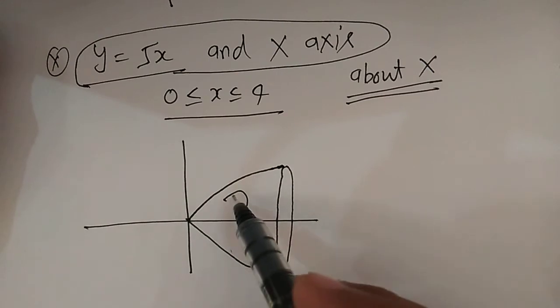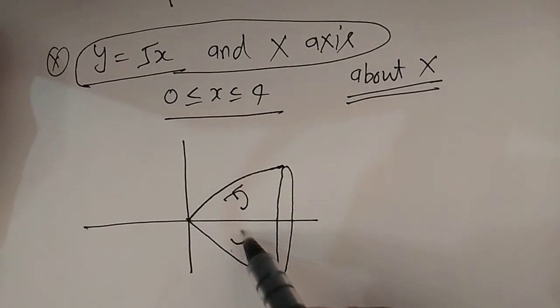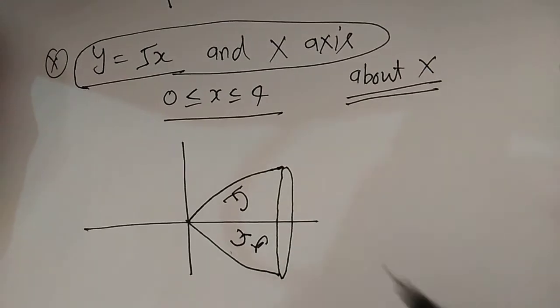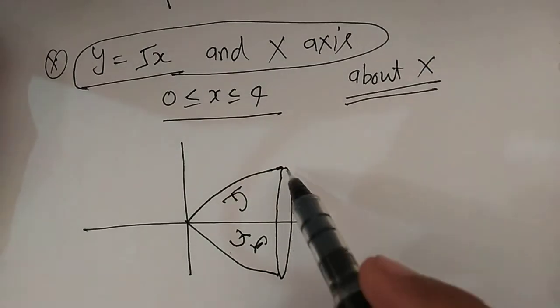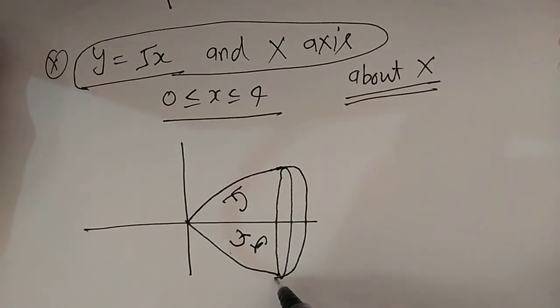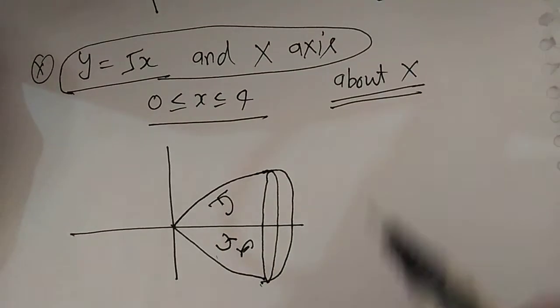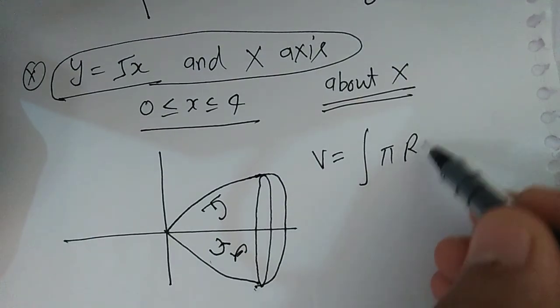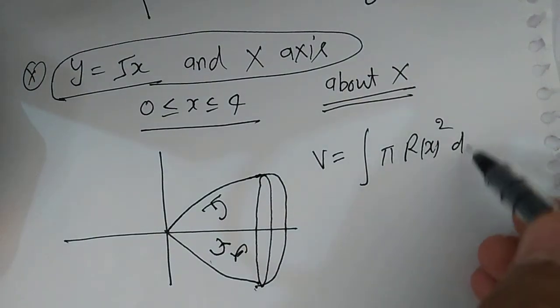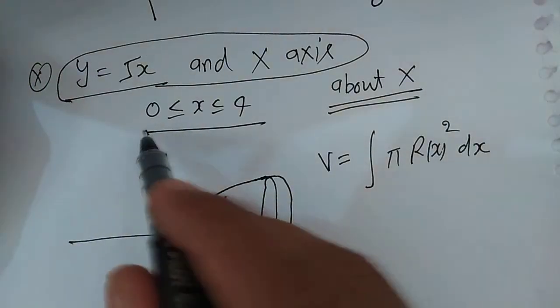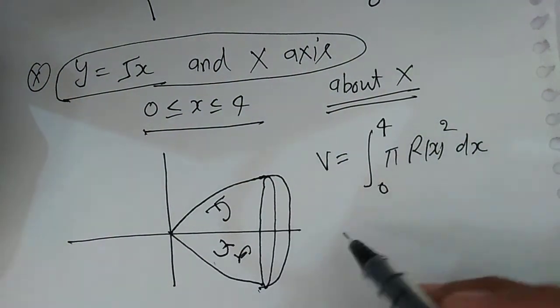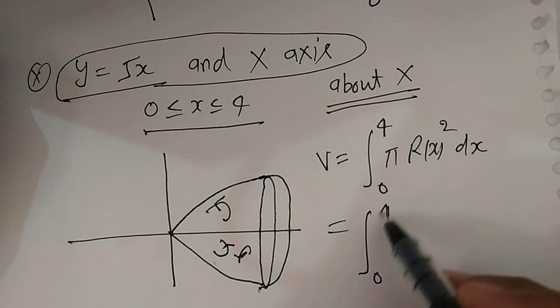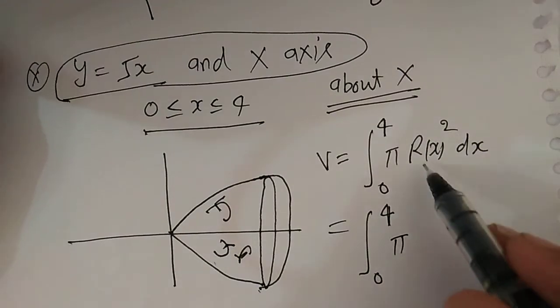We are rotating along the x-axis. Now V equals the integral of pi r(x) square dx, and the x range is 0 to 4. What is the radius here?